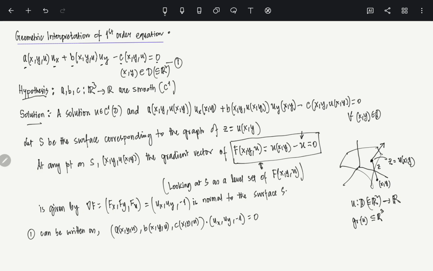See, this is nothing but this. So essentially this is the gradient vector, and that is normal to the surface. Is it okay? This is the normal to the surface.